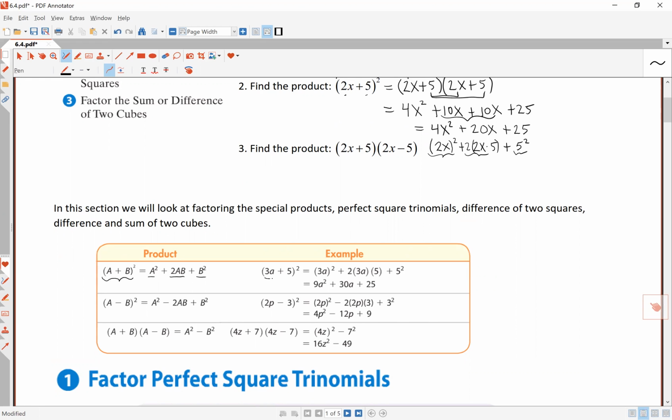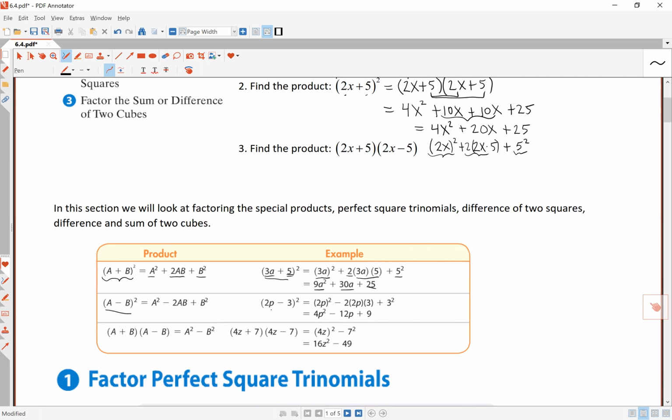If we have 3a plus 5, then we square the 3a, which is 9a squared. We take twice the 3a and the 5, which gives us 30a, and square the last term 5, which gives us 25. If it's a difference, a minus b, then it's still the same form, a squared, but it's a minus 2ab plus b squared.